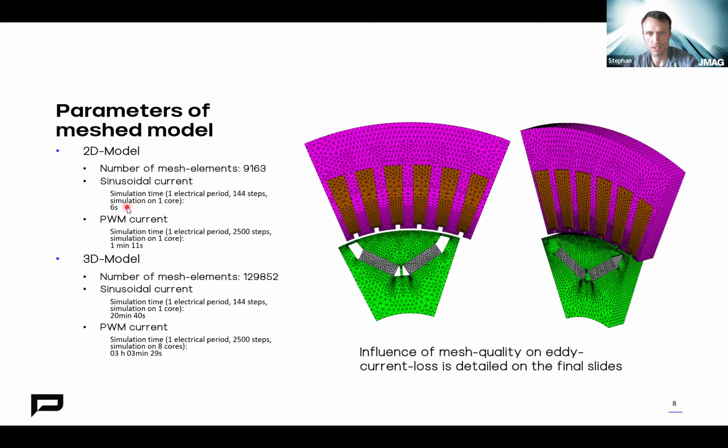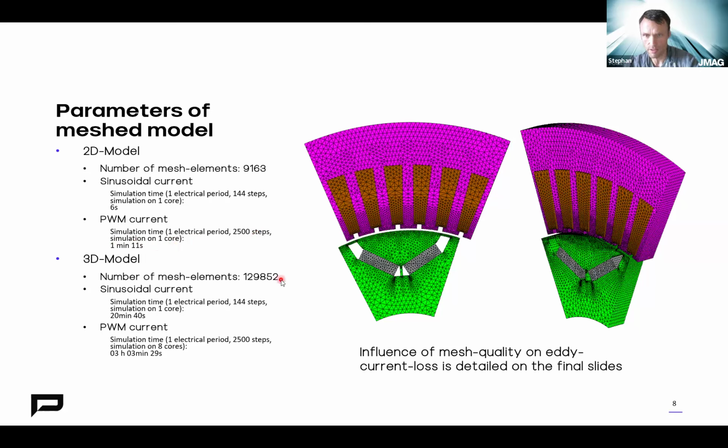The duration was roughly 6 seconds. For the simulation with the PWM current with the 2D model, I used 2,500 steps for one electrical period, also on one core. The simulation took a bit more than 1 minute.